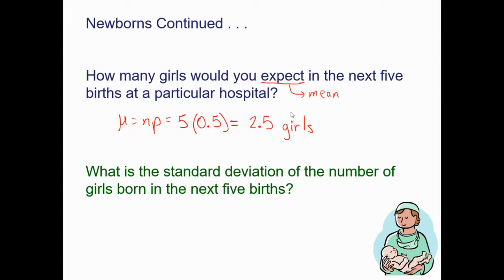Okay, then it asks for what's the standard deviation. It's going to be the square root of npq. The square root of 5 times 0.5. What's q going to be then? 0.5. That's equal to what?